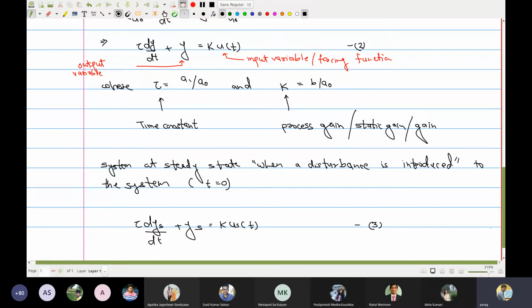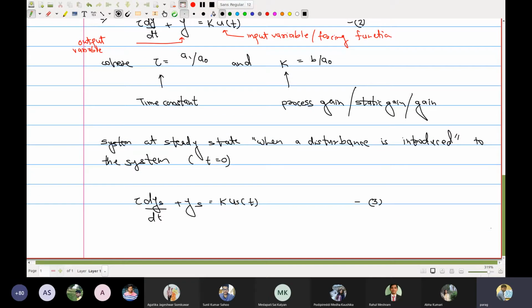So you rewrite your governing equation at the initial steady state, not the final steady state, and then you declare that particular time instant as time t equal to 0, right?